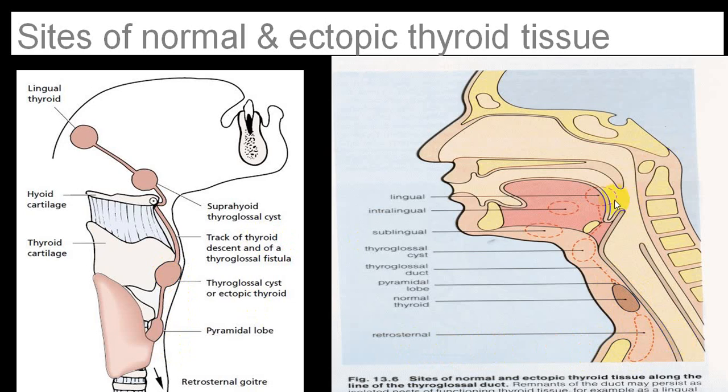So you can have it intralingual, below the tongue as sublingual, or in the form of a thyroglossal cyst, and a thyroglossal cyst can be anywhere in this tract, anywhere in this area. And if it extends below the neck, it is retrosternal or in the mediastinum.